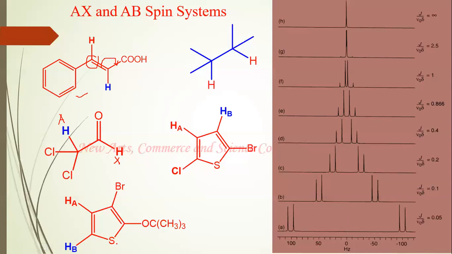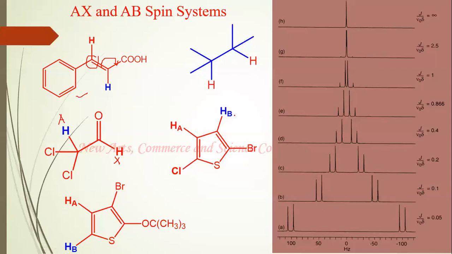But as sulfur is not a very electronegative element, its de-shielding effect will be less. Plus for this Ha proton, on the other side you have bromine, which has an electron withdrawing inductive effect. So these two protons have close chemical shift values. That's why we have given the name AB spin system.